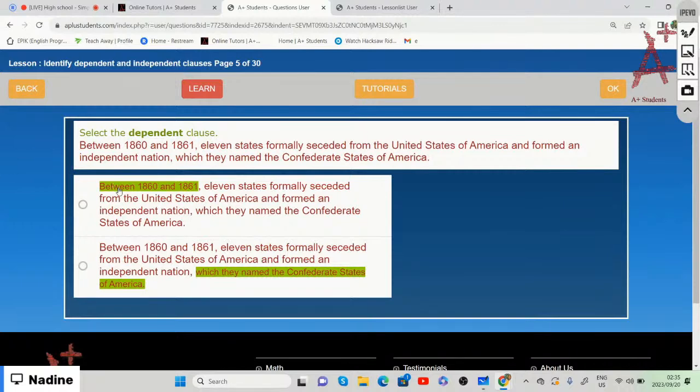So it is which they named the Confederate States of America.